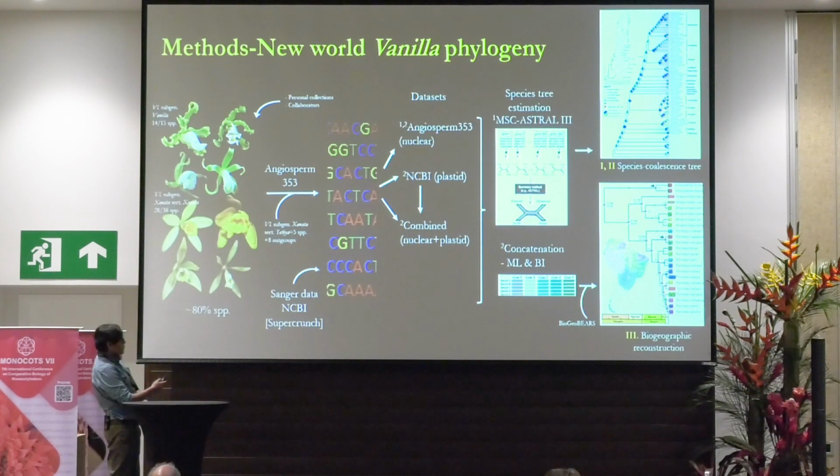So basically I'm going to sample as many vanillas as I can and use the Angiosperms353 probe set to recover nuclear data sets, but also Sanger data from the NCBI websites to recover plastid loci. Then using different data sets, I will reconstruct the species coalescent tree, and also using concatenation methods, recover the biogeographic reconstruction of these clades.